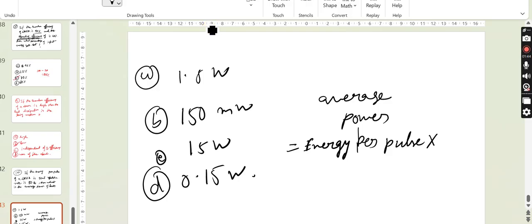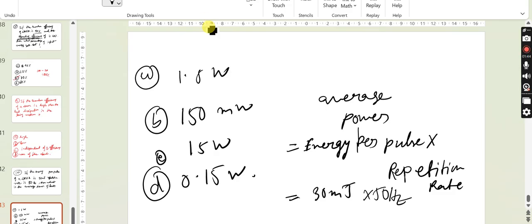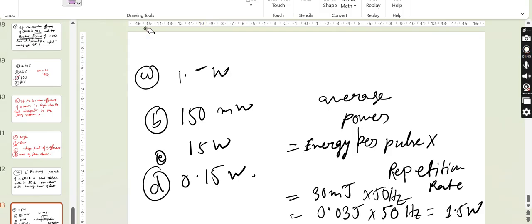So energy per pulse is 30 millijoule times 50 hertz. Hertz is the standard unit, but millijoule is not. Joule is the standard unit, so that is 0.03 joule. 30 times 10 to the minus 3, and that is 50 hertz. That will be 1.5 watt. So that is option number A. That is the answer.